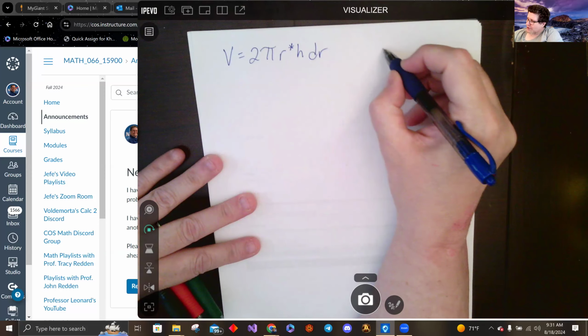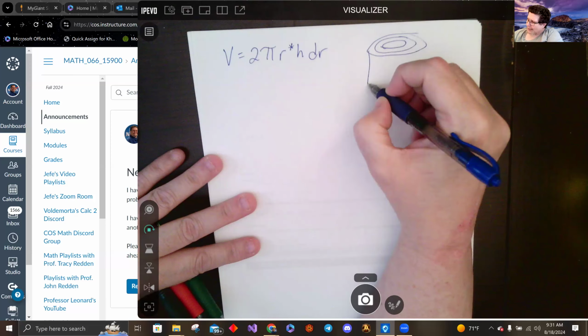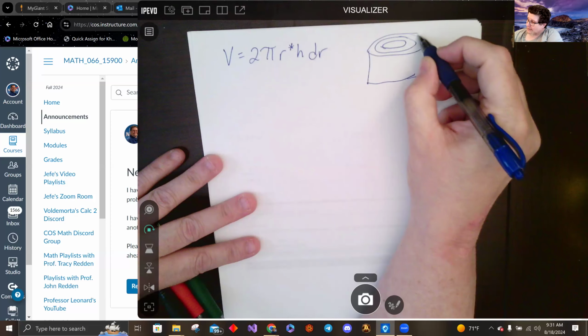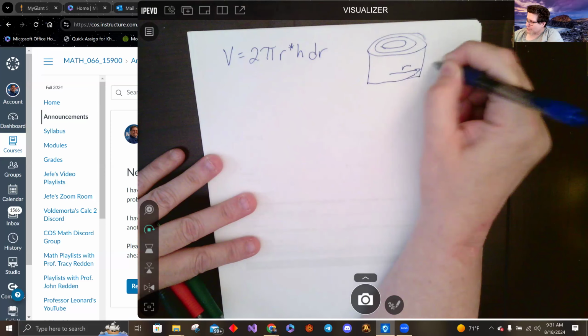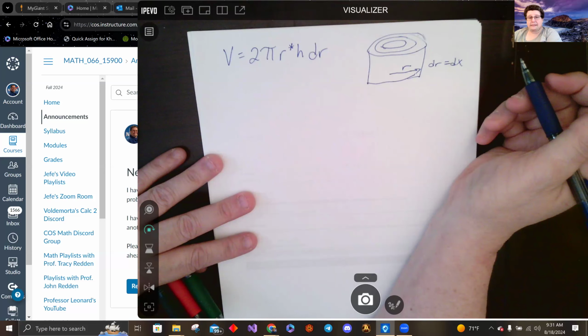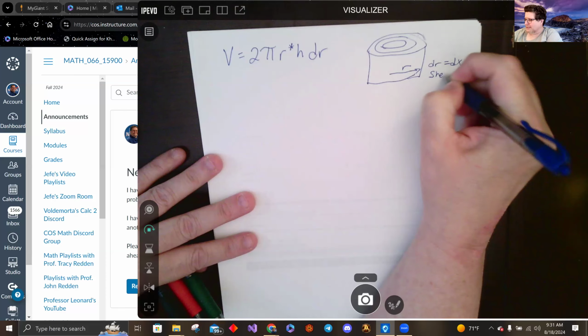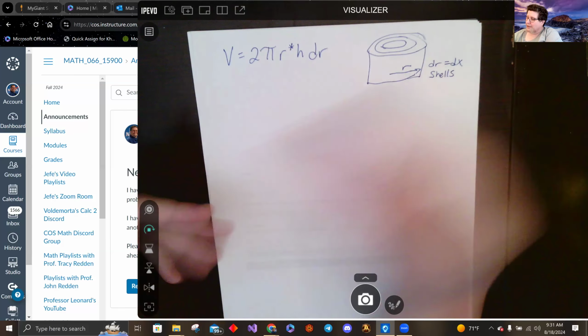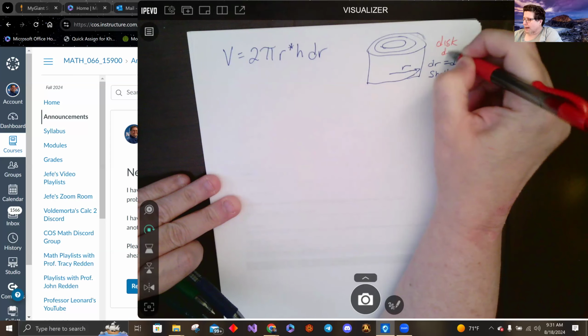So if our cylinders are going outward like this, then r is that way, and so dr is the same as dx. So the shells method lets us do a dx here, where the disk method would use a dy.